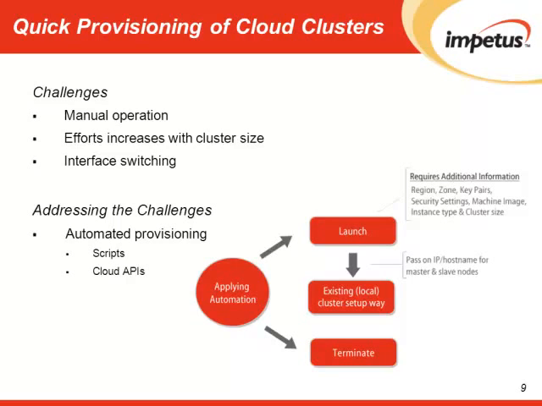I think the issues and complexities come in due to the manual operations, which involve steps such as accessing the cloud provider interface to launch the required number of nodes, providing inputs for key pair, security settings, machine configuration, and image. You would then need to open or unblock the required ports, manually collect the individual IPs, and then add them to the Hadoop slave files.